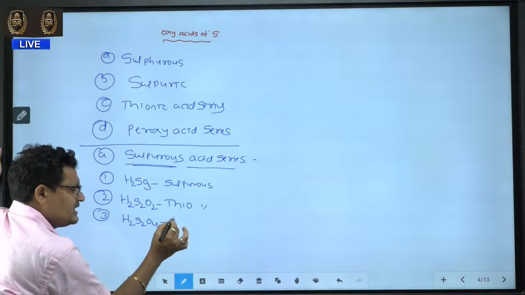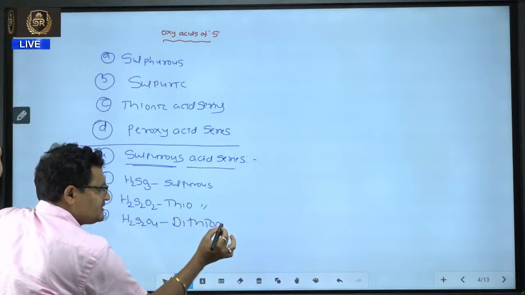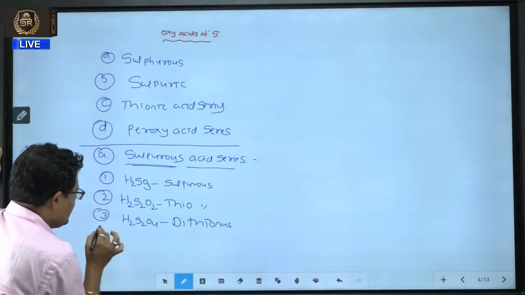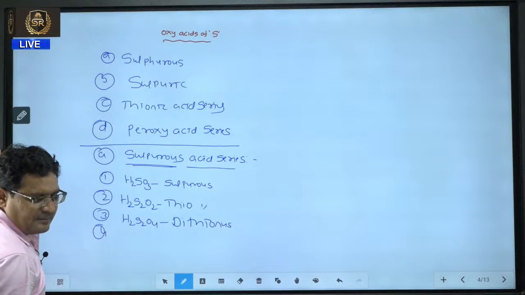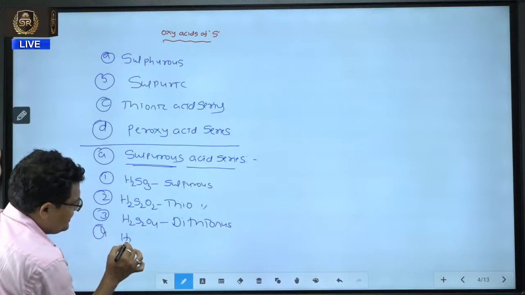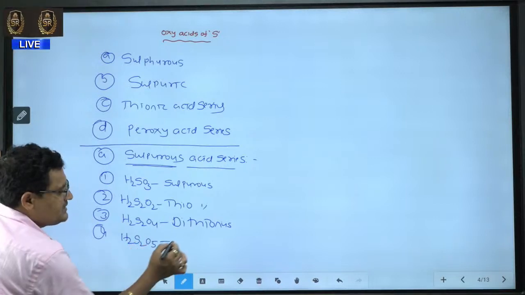And the fourth one is peroxysulfurous, that is H2S2O5.